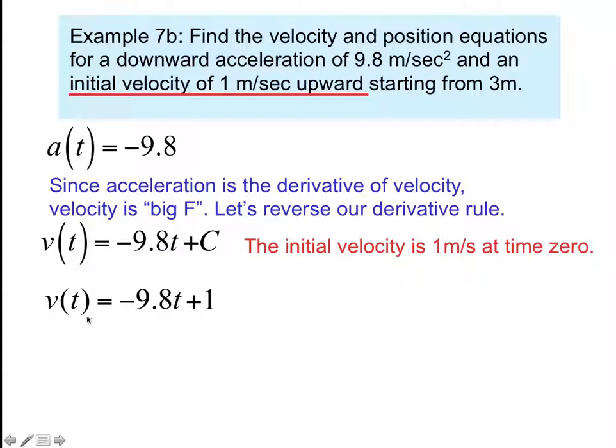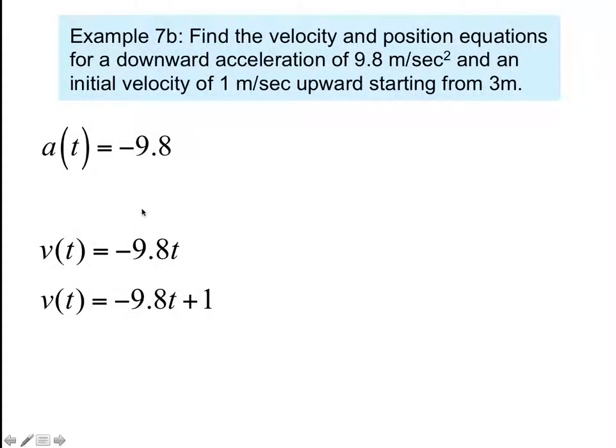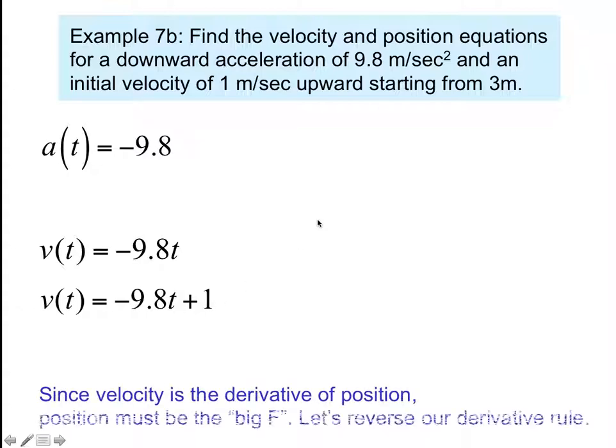Now we can take the antiderivative again on the negative 9.8t plus 1 to find the position function. We're going to reverse our derivative rule and bump our power up to 2. We know this is negative 4.9 from the other example. But now we have to do the antiderivative for 1. What did we start with to get a derivative of 1? We started with 1t.